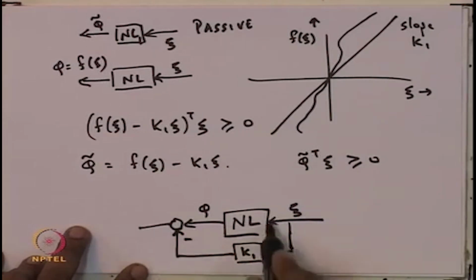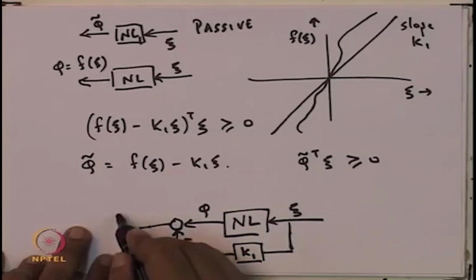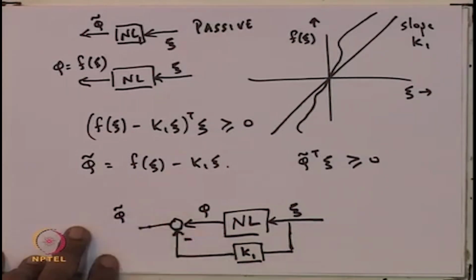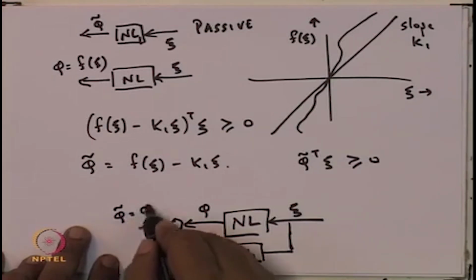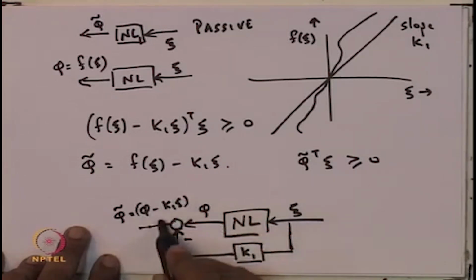And I use a feed forward, then what I will have here is phi tilde, which is phi minus k1 psi.